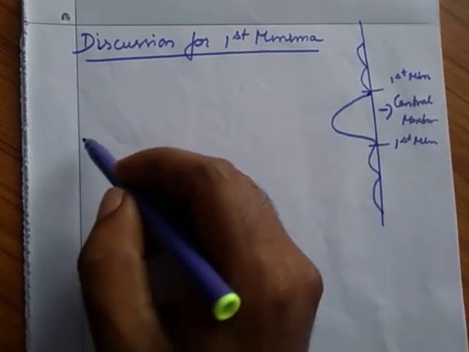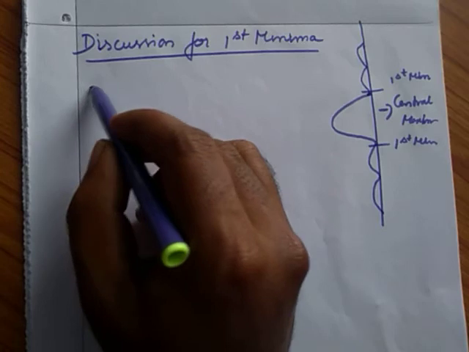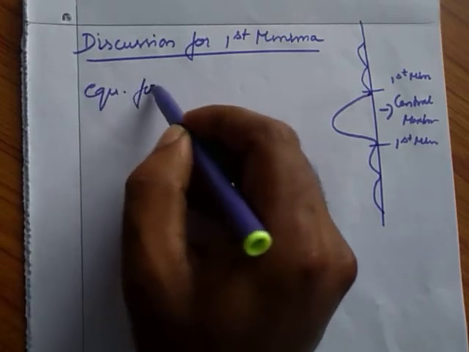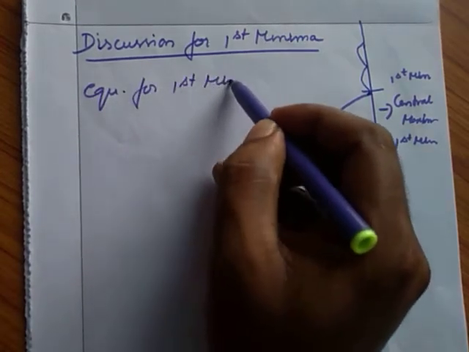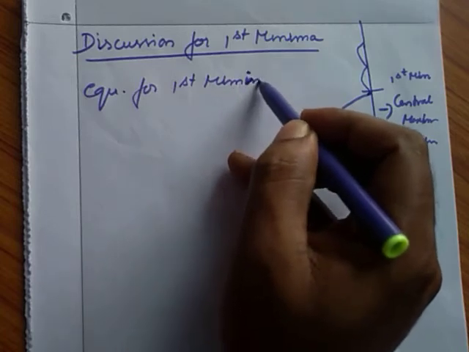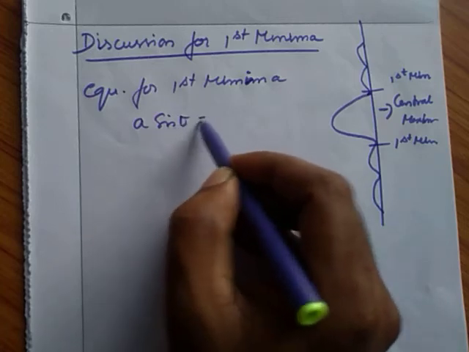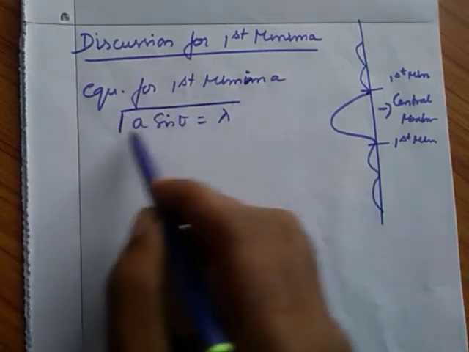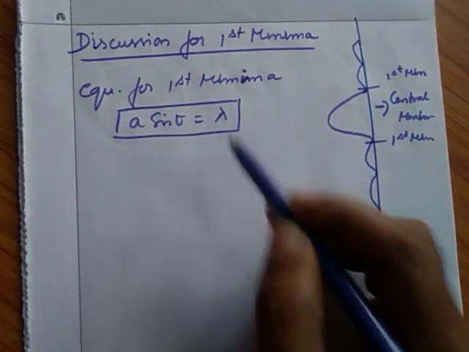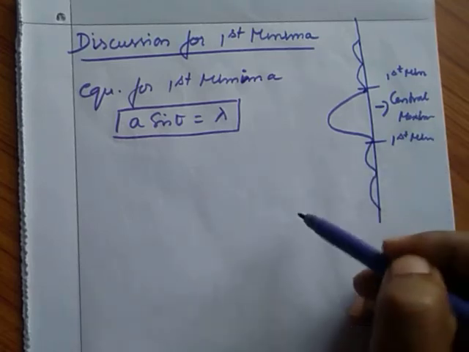We know the equation for the first minima: a sin theta is equal to lambda. This is the condition for first minima. In between these two minima, we get a central maxima.